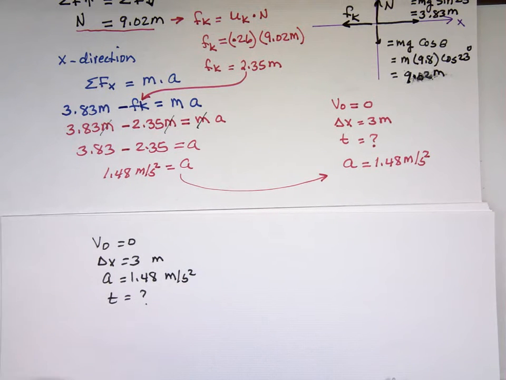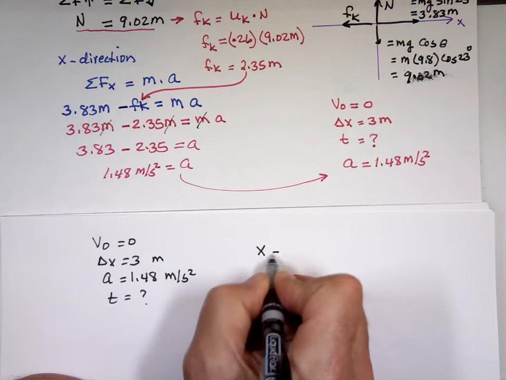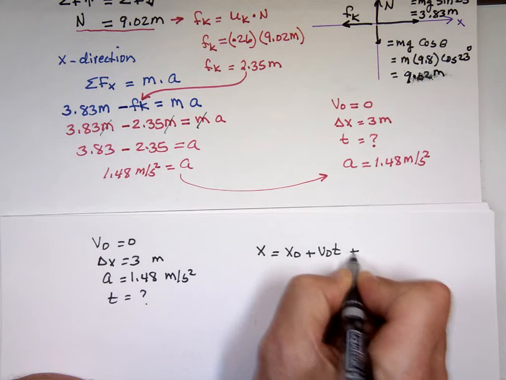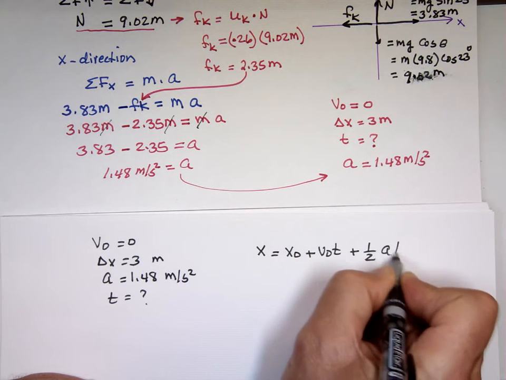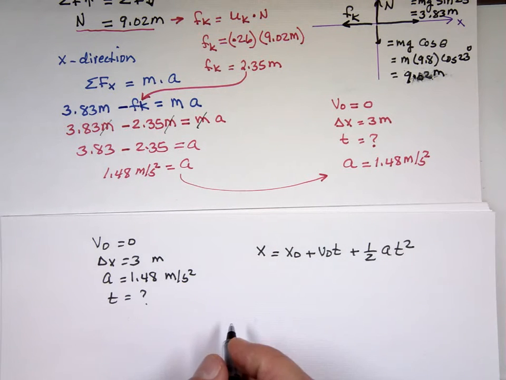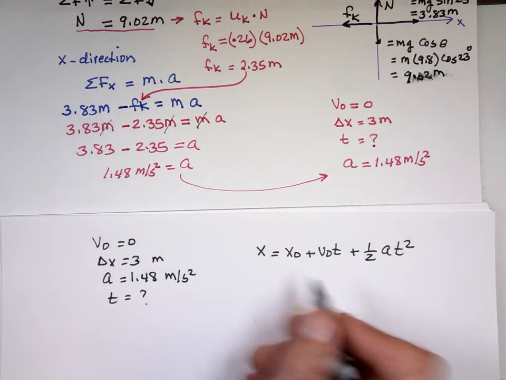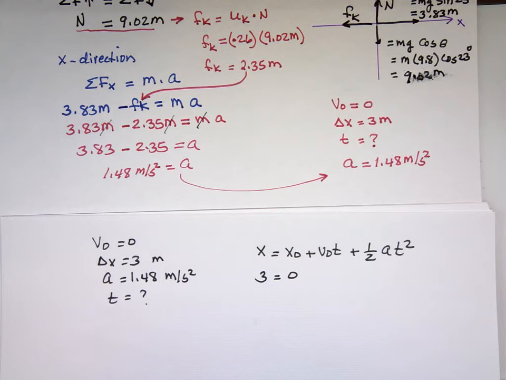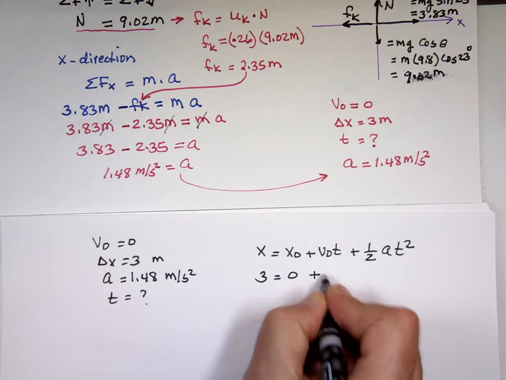How about this equation? X equals x sub 0 plus V0t plus 1/2 at squared. Delta x, or make it 3, equals 0. If you make the initial value 0, then the final position is 3 meters away, plus V0, which is 0, times t.